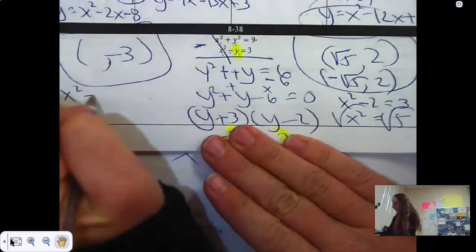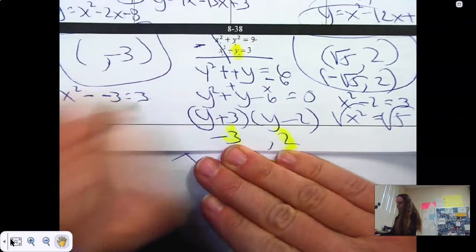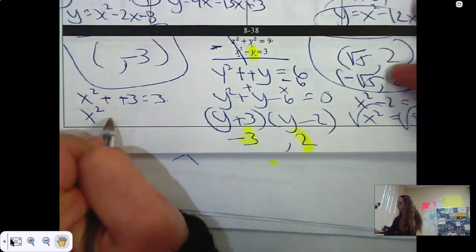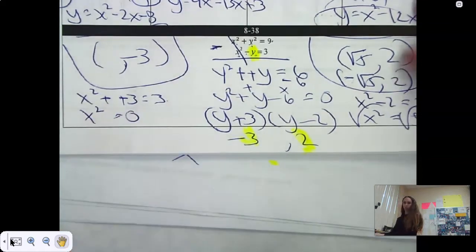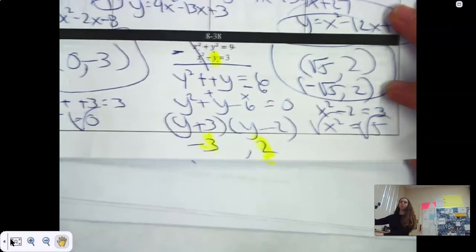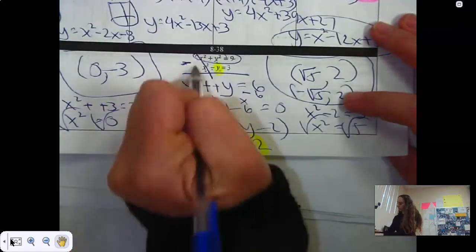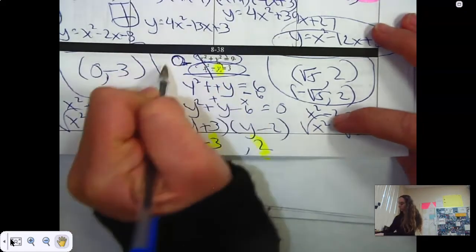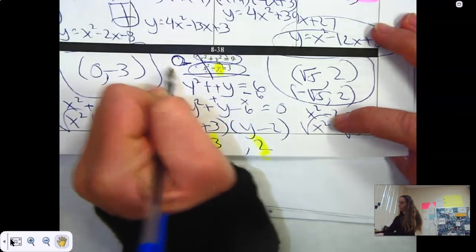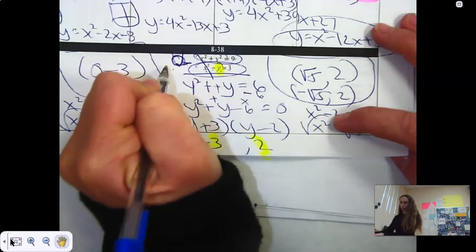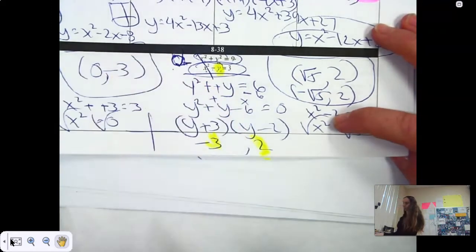So x squared minus negative 3 equals 3. This is also a really good one. X squared, subtract 3 equals 0. Square root, plus or minus 0. So that means that if you went into Desmos and you graphed this and this, it should cross. This is a circle, and this is a U. It should cross 3 times. 1, 2, 3. Okay? All right, let's turn the page.